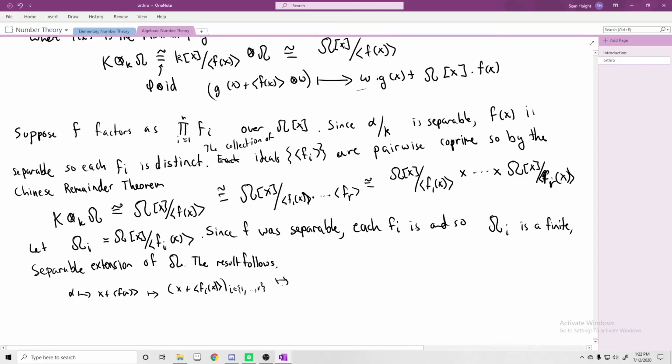And if I project onto the ith component, then this is just going to be x plus f sub i of x, which generates omega sub i over omega and has minimal polynomial f sub i.